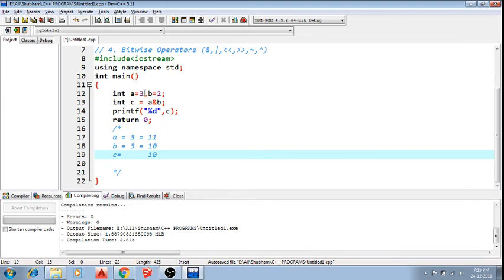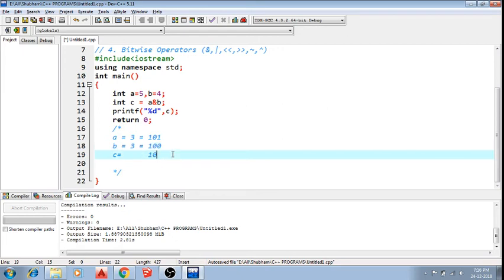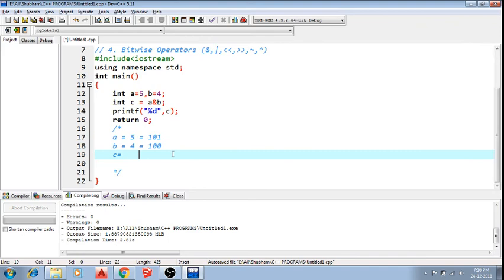Suppose we take a is 5 and b is 4. My mistake here: a is 5 and b is 4.